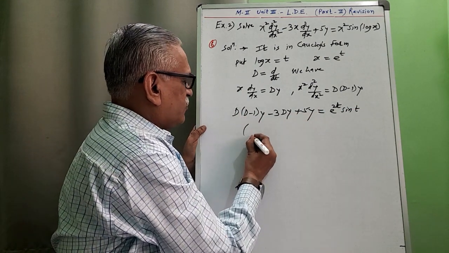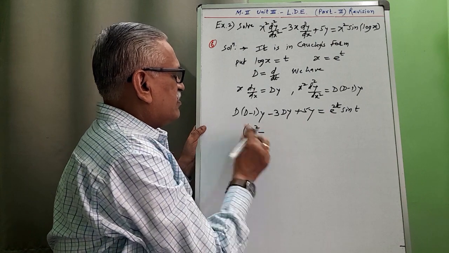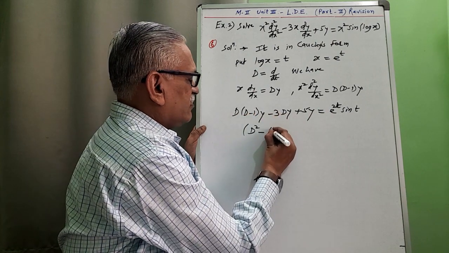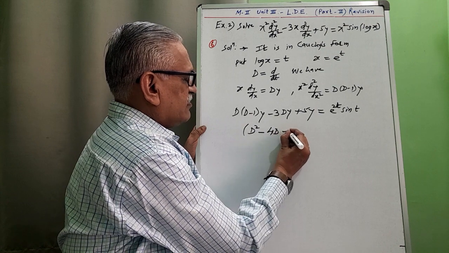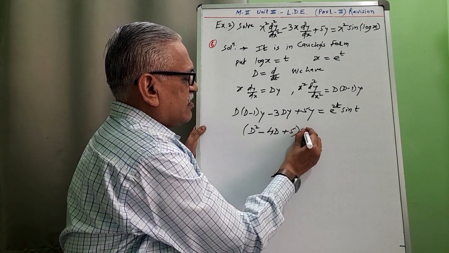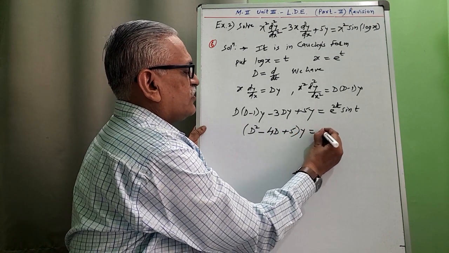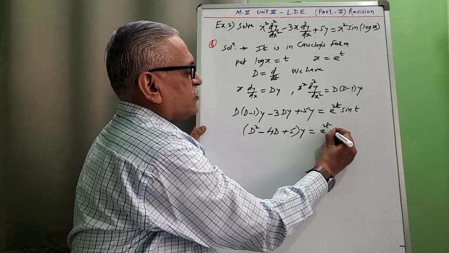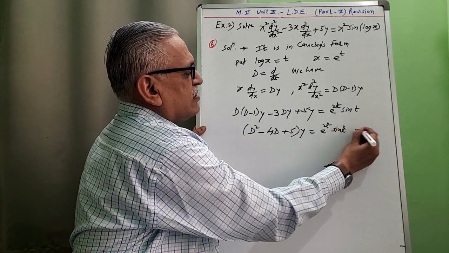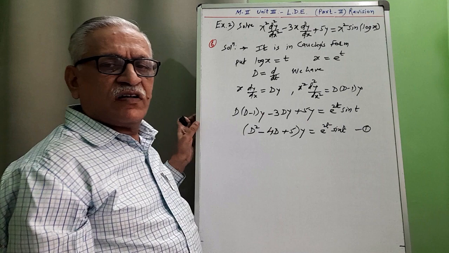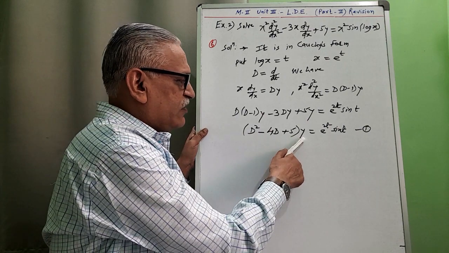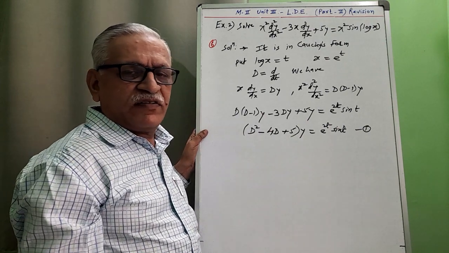Taking y common, we get D square minus D minus 3D, we get minus 4D plus 5 times y is equal to e raised to 2t into sine t, a new equation with y as the dependent variable and independent variable as t.